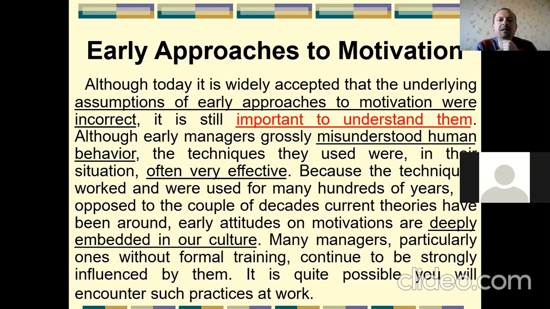That's why we will begin with ancient motivating, then we will speak about the old theories of motivating, about the content theories of motivating, and during the next lecture we will speak about process theories of motivating.